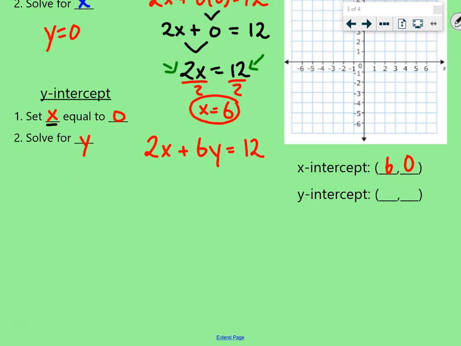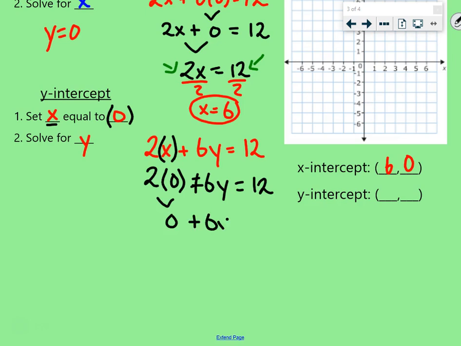We're setting x equal to 0, which means we can replace x with 0. Two times 0 is 0, plus 6y equals 12. 0 plus 6y is just 6y equals 12.